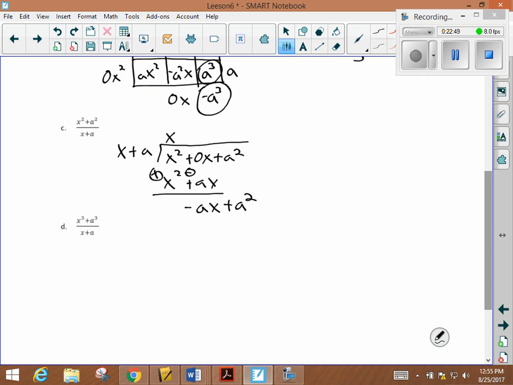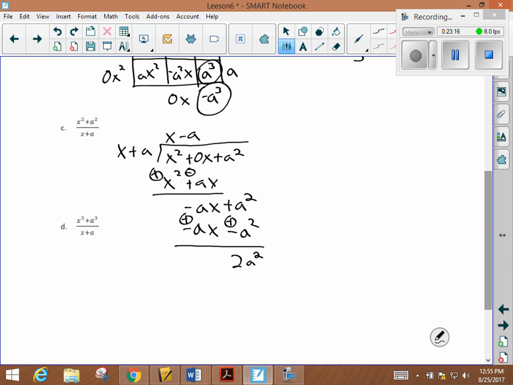What do I need to multiply x by to get negative ax? Well, that's going to be negative a. When I multiply that thing back out, I wind up with a negative ax here. And I wind up with a negative a squared. When I change the signs and add, I get a 2a squared here. Remember, before we were getting 0.